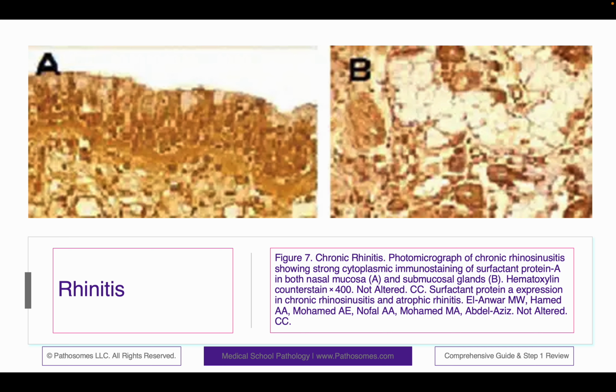And this is beyond your scope, but keep in mind that in order to recognize abnormal, you first need to see normal, right? So always remember what your normal histology looks like.